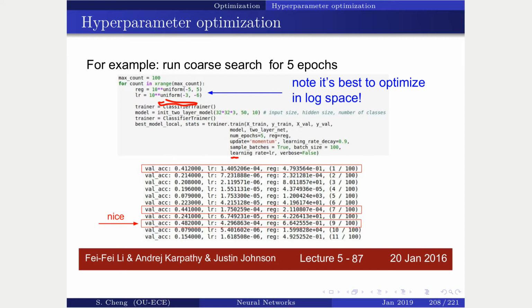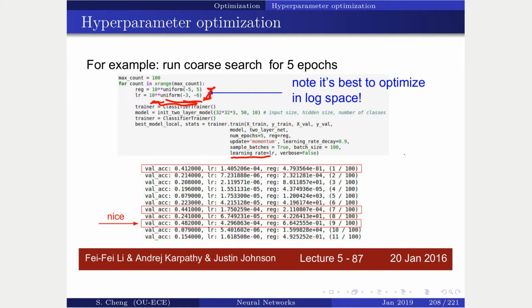Maybe it's hidden inside. It's already log scale inside, I guess. So it's, I'm sorry, it's here. It's 10 to the minus something. Okay. As we mentioned here, we don't use grid search, so it randomly samples from the regularization parameter and the learning rate at the same time. And then I try a bunch of values within this range, right? 10 to the minus 3 to 10 to the minus 6, and this is 10 to the minus 5 to 5.